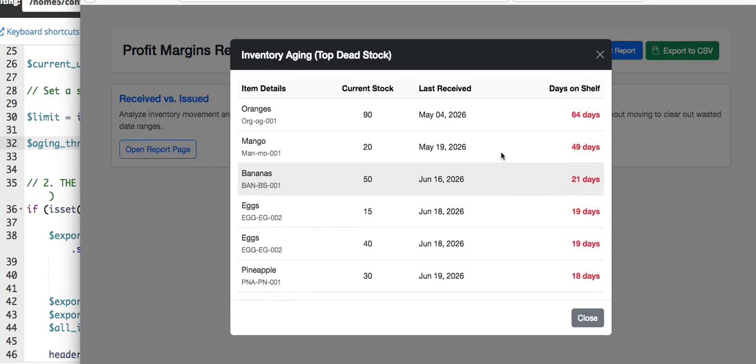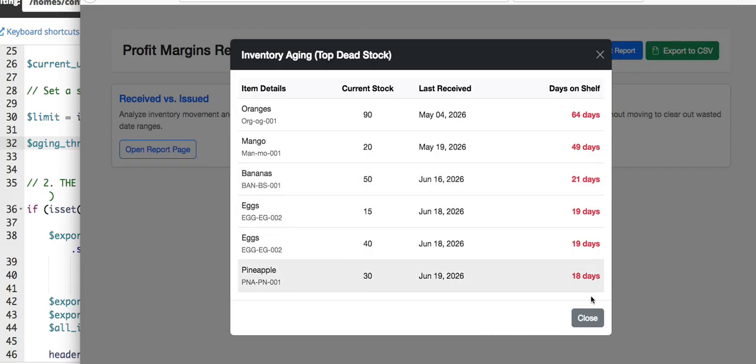And if I want like this, boom, see? This will tell you, hey, look, the days on shelf is 64 days, with a banana, 21 days sitting on the shelf. The last receipt was on June 16th. That's when you put it in there, right?